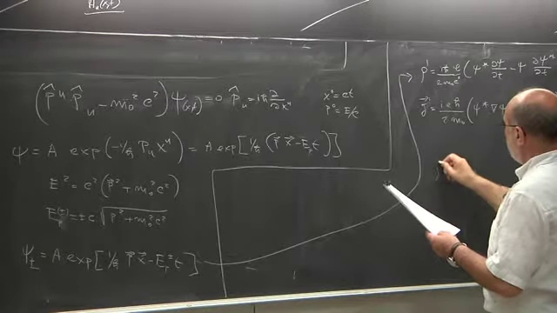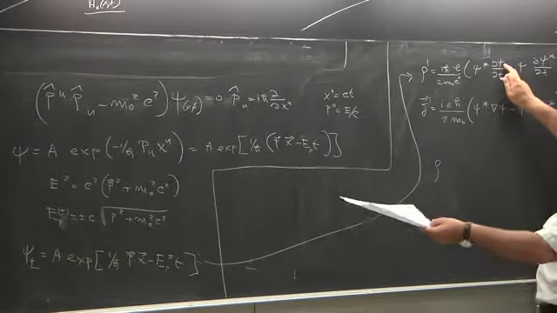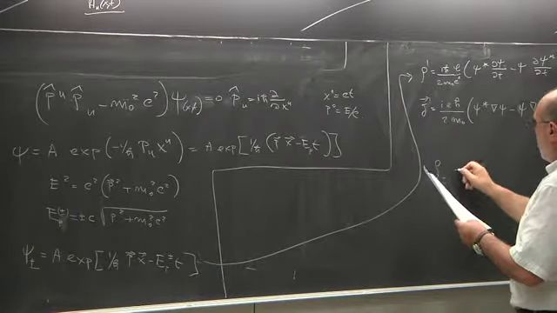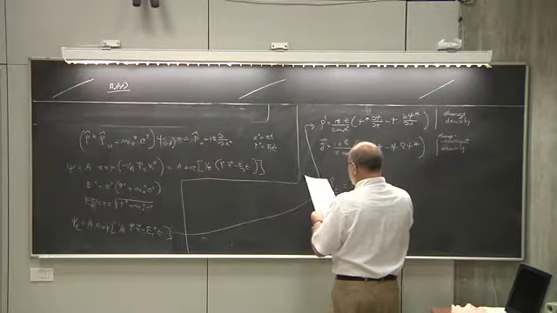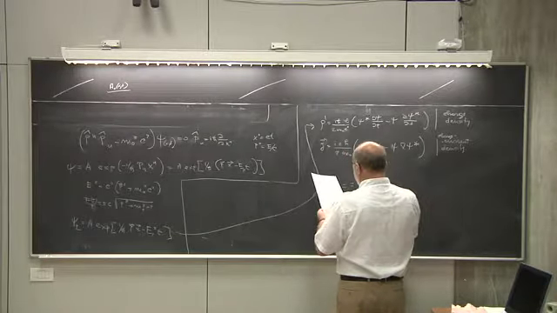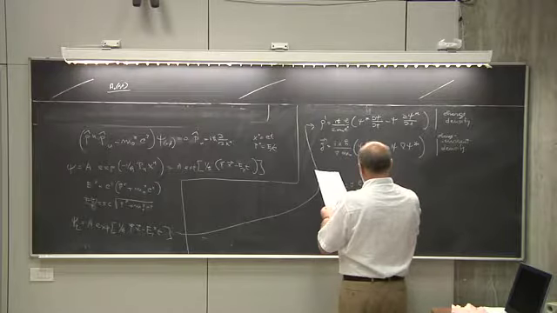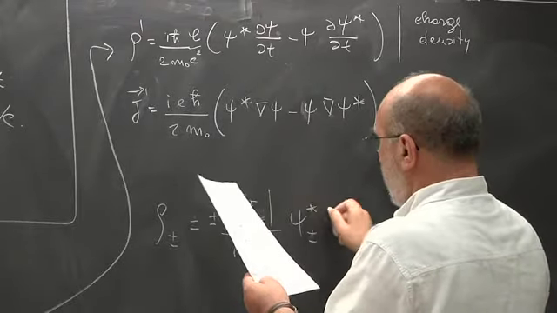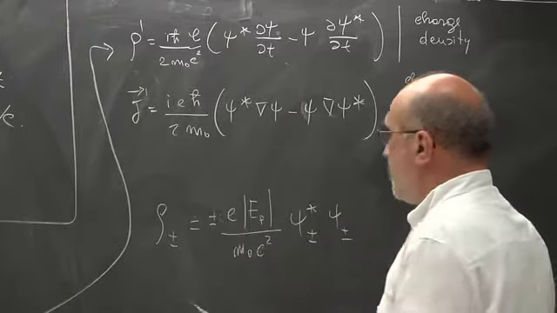And what we get is, of course, as we have two solutions, we will get two rows. We get rho plus and minus equal plus and minus E, E_p modulus over m square c square, psi plus minus star psi plus minus.